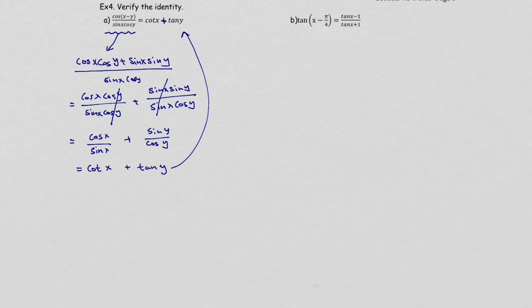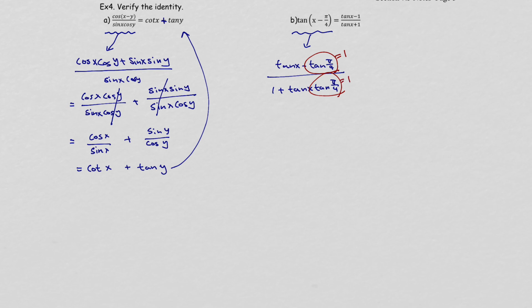One more. What about if we solve that side? So use the tangent formula. Tangent x minus tangent pi over 4, over 1 plus tangent x tangent pi over 4. What do we know? We know that tangent pi over 4 is equal to 1.